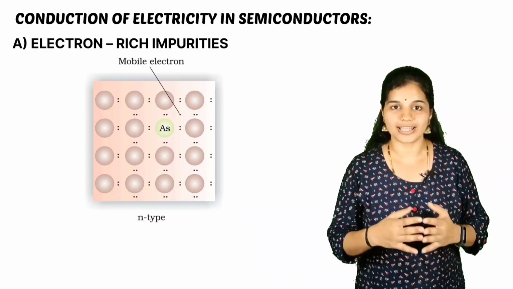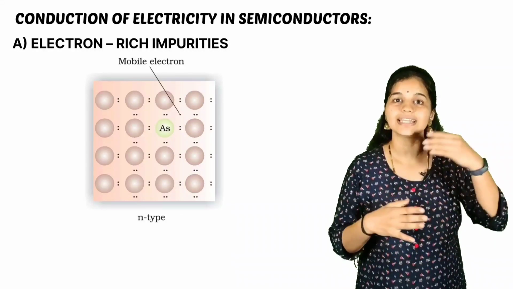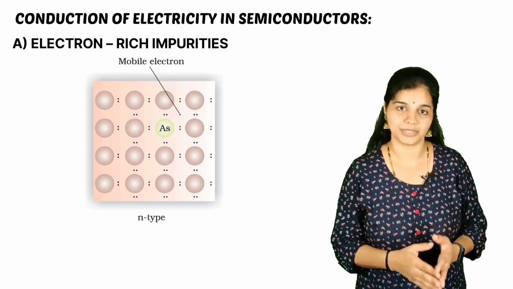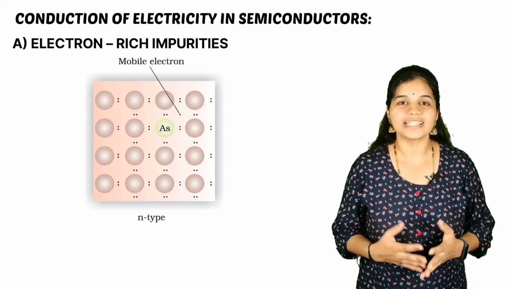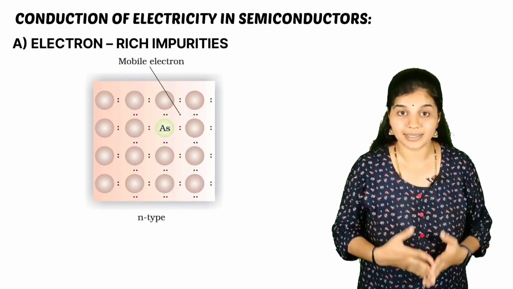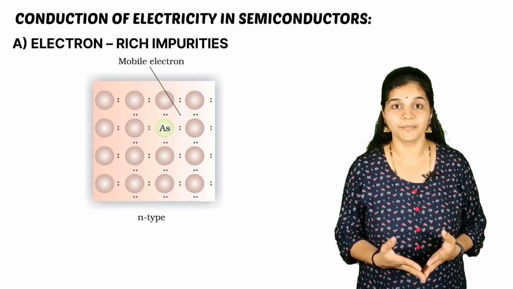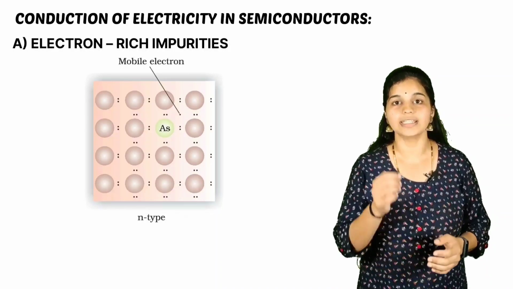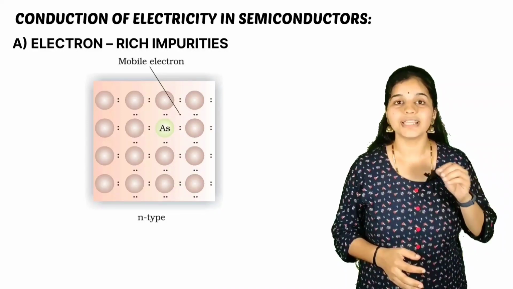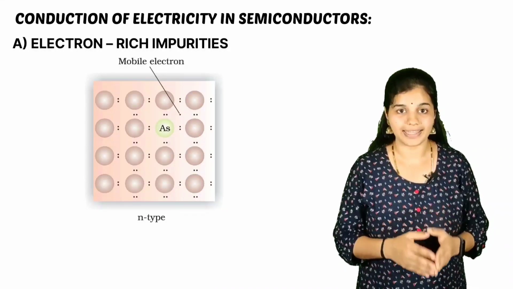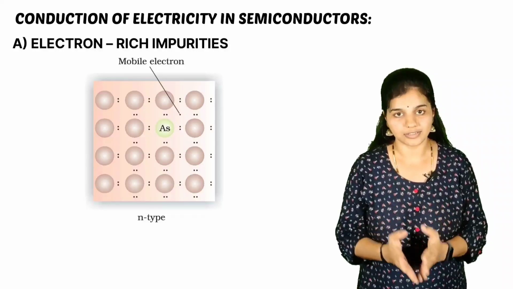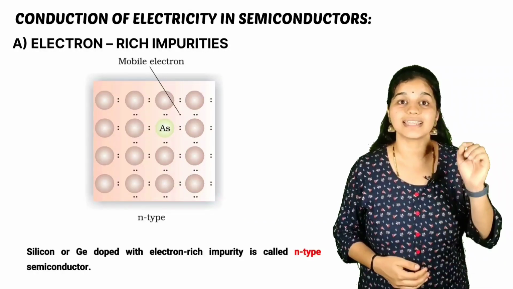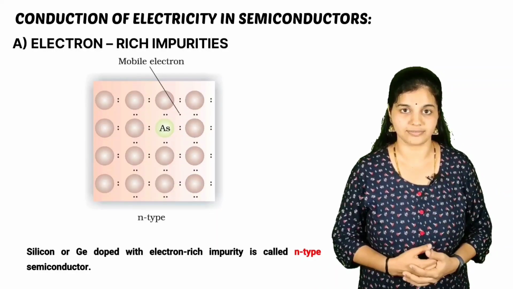So this delocalized electron increases the conductivity of doped silicon or germanium. So what increases the conductivity of the intrinsic semiconductor? Yes, the increase in conductivity is due to the negatively charged electron. Hence, silicon or germanium doped with electron-rich impurity is called an n-type semiconductor.